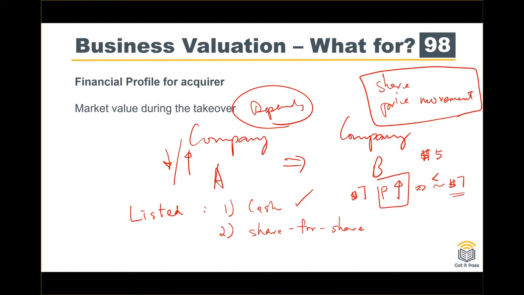But for the share exchange offer, let's say company A share trading is at $10, company B is at $5, and company A announced that they would like to exchange the shares.